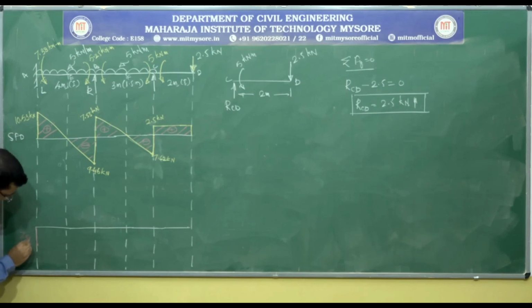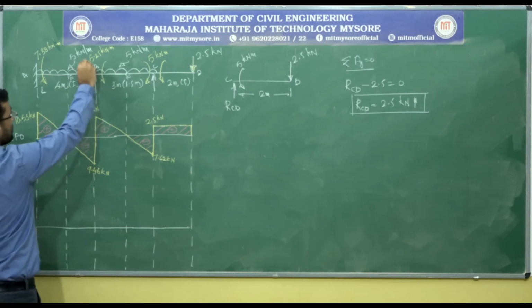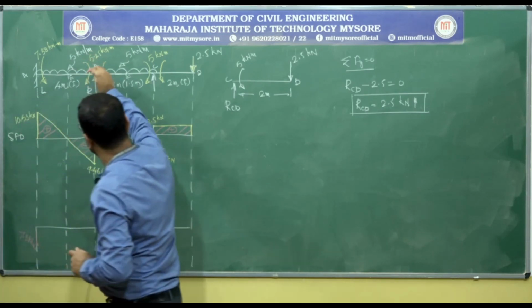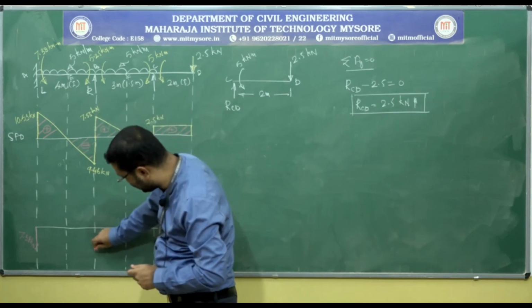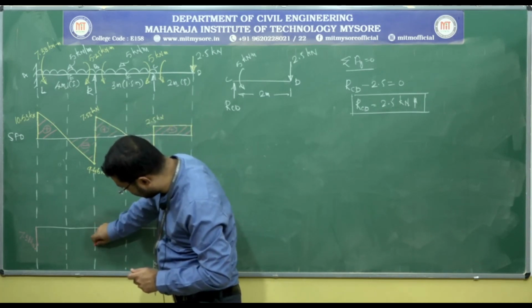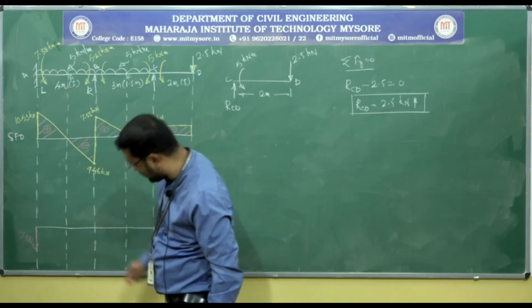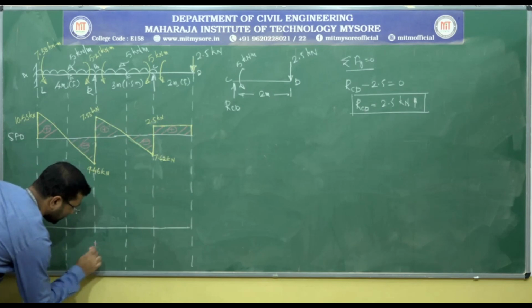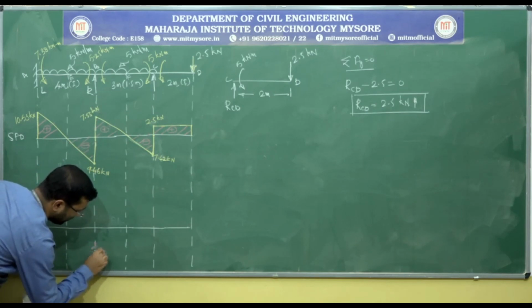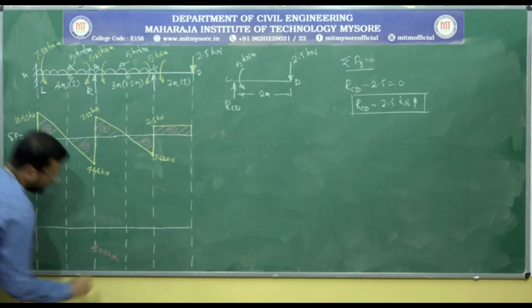7.38 kilonewton meter. On the right side again we have a clockwise moment. So right side clockwise is again negative, where I have to mark it on the negative side, somewhere here, mentioning it as 5.25 kilonewton meter.